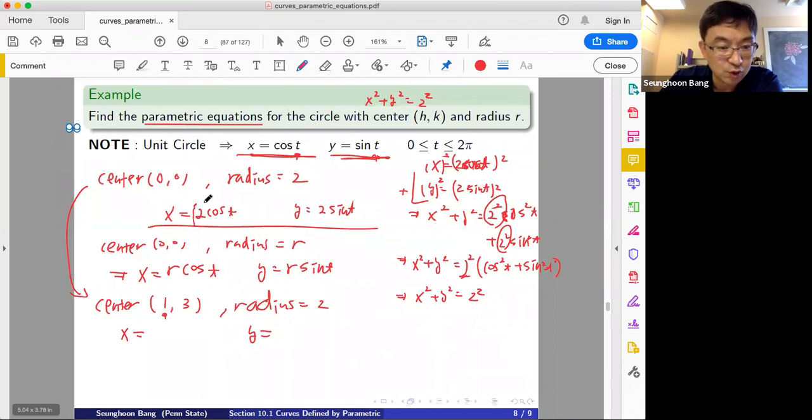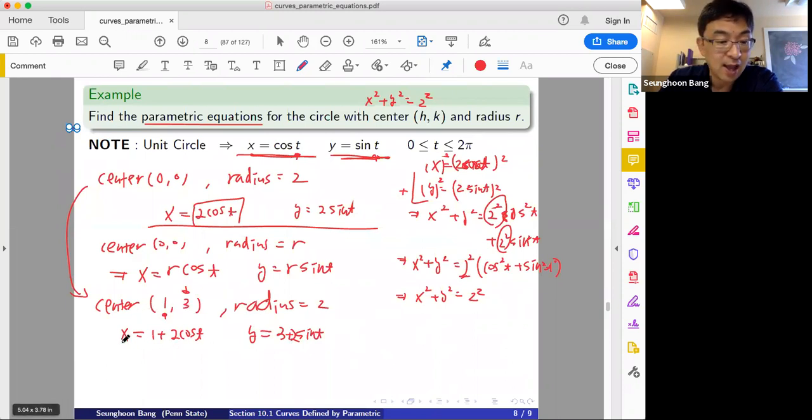So we use 2 cosine of t, and only add 1. The y is up and down, so you add 3. So we have 3 plus 2 times sine of t. So what do you think? This is exactly the equation of the circle with center 1, 3, radius 2.